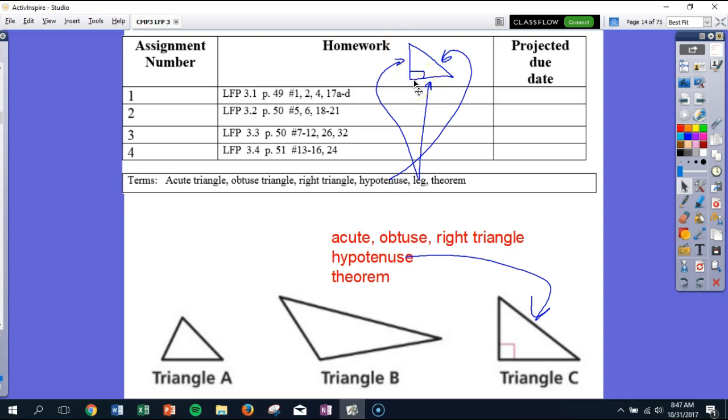And finally, our last term for this investigation is theorem. In math, a theorem is a theoretical proposition or statement, or even a formula, that is to be proved from other propositions or formulas. That will hopefully become more clear as we work through this theorem.